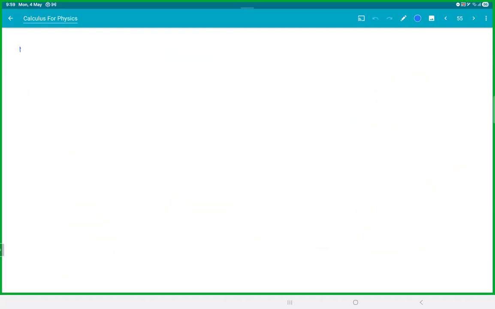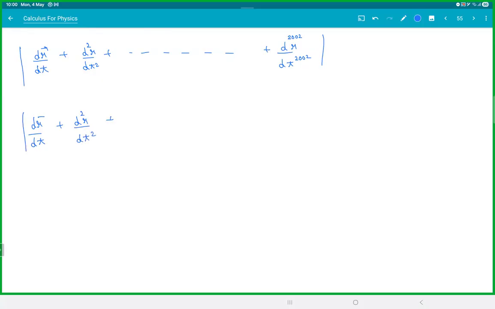Now you can play with a little more variations on this. What if I ask you this one? dr by dt plus d square r by dt square, and so on till d 2002 r by dt 2002. What do you guys think? And similarly, dr by dt plus d square r by dt square, and so on till d 2003 r by dt 2003.